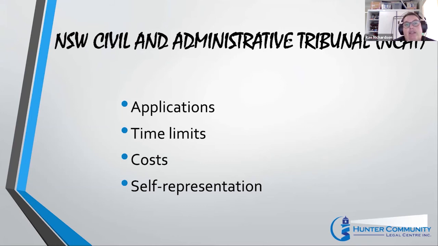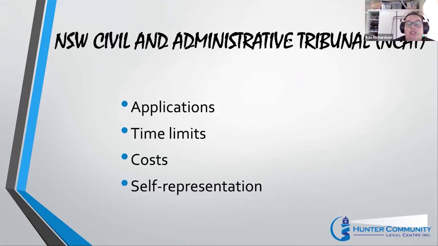So if you have any questions about whether or not you're eligible to have a fee waived, you should discuss that directly with the NCAT registry. If you need to summons a witness or summons documents, so you want someone to produce a document, that involves a separate cost, and that's also $47. You should definitely get some legal advice about summoning a witness or documents prior to actually making that application.